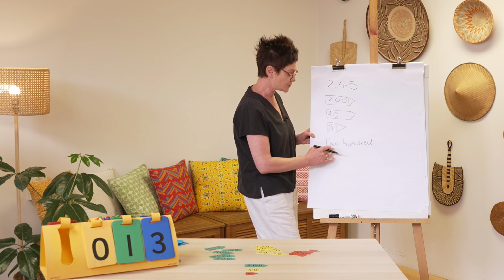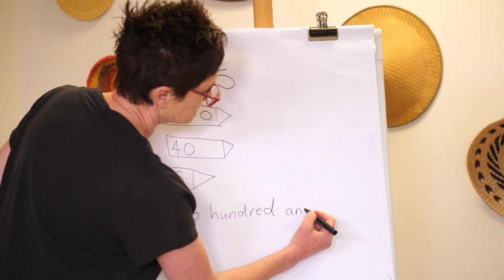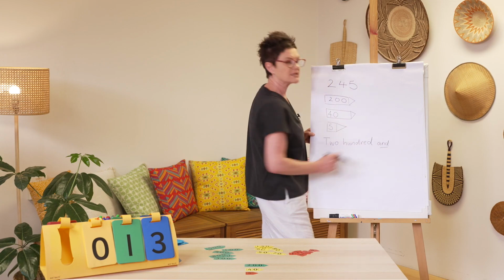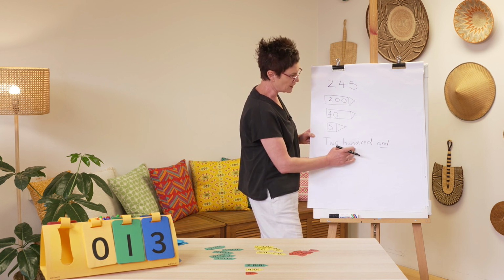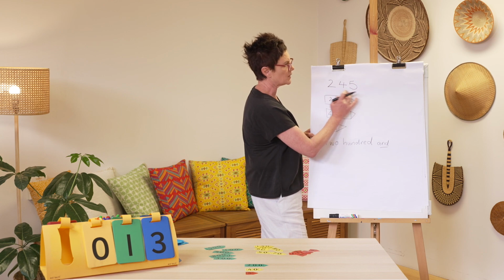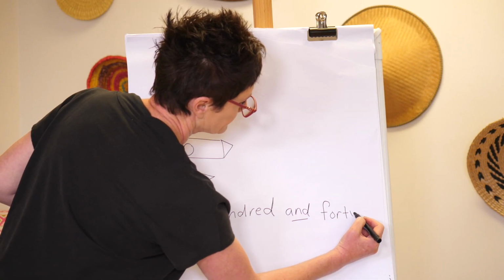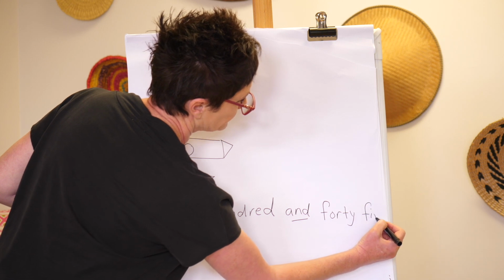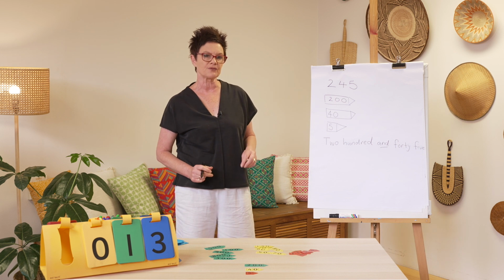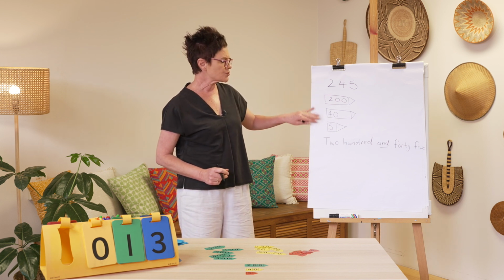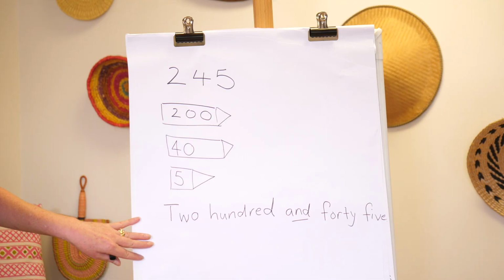As a number, it's 200 and, just remember that and's there please, because that's a very important and to say. 200 and, here we are, 45. Okay, 245. Write it, draw it, and say it in words.